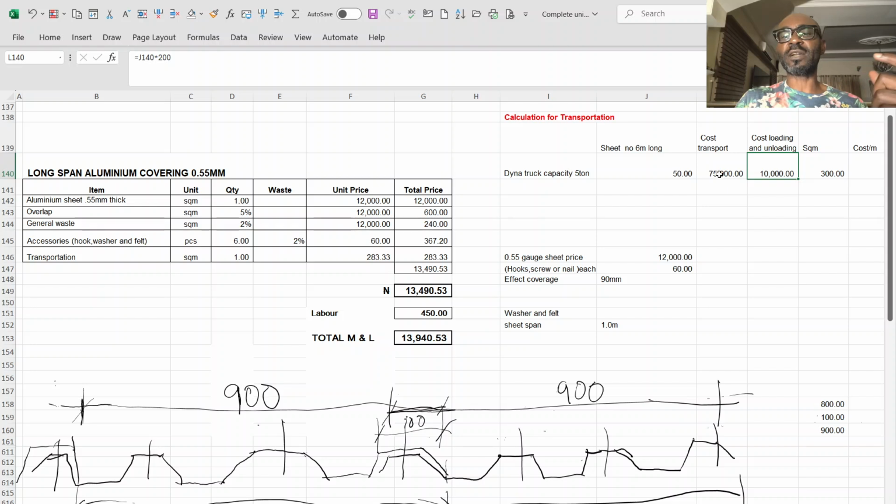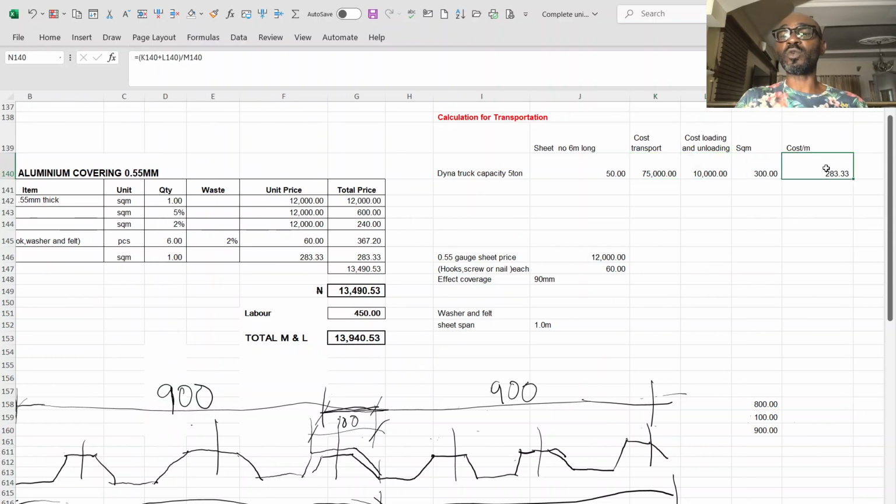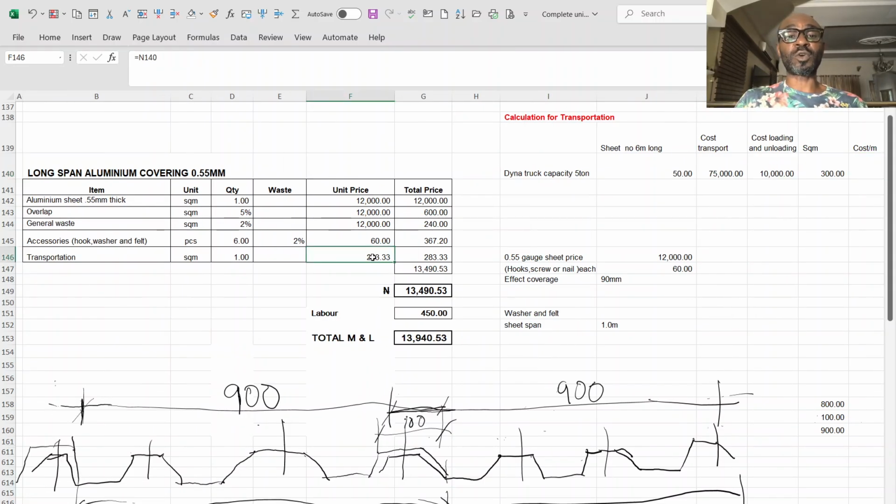And offloading and unloading, almost the same thing. The total square meter for 50 pieces of 6 meter by 1 meter will give you 300 square meter. If you now divide your cost of 85,000 by 300 square meter, you are going to have 283 naira 33 kobo per square meter. And that is what you are seeing here. I linked it from that to my table.